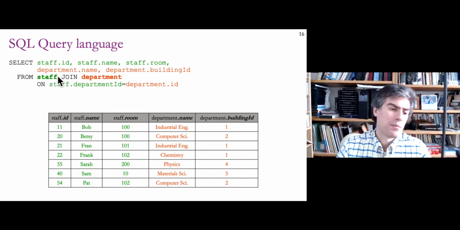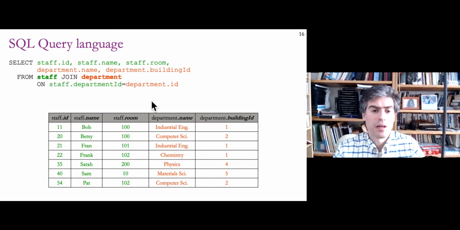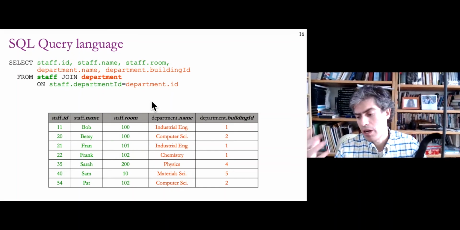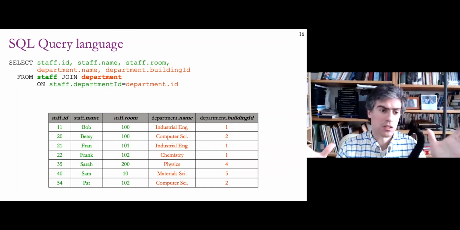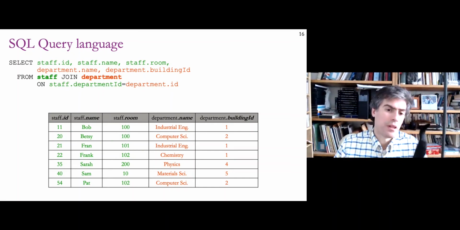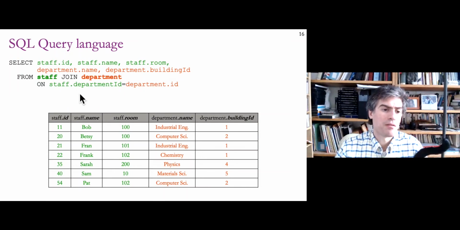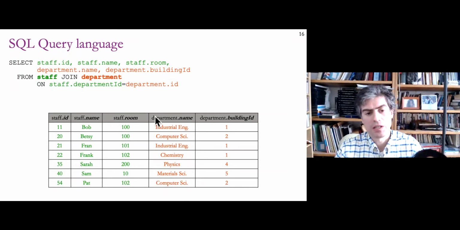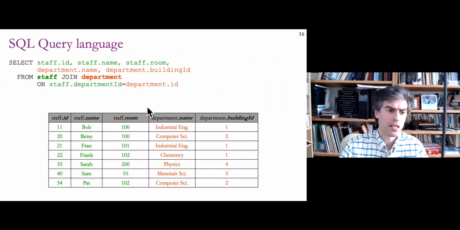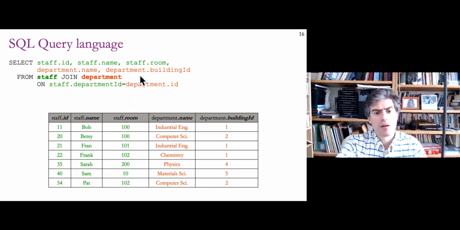The SQL language is a declarative programming language where you write out commands, each one a thing that you want to do, that involves pulling data from tables and presenting it. In this case, it says select staff ID, staff name, and staff room, department name, department building ID.